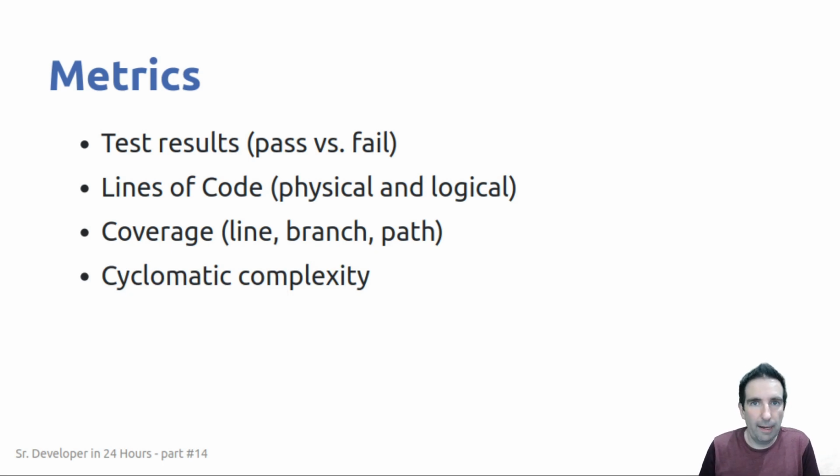Cyclomatic complexity: how complex is each of the methods that we have? Duplicated lines: some of the tools are going to detect blocks of code that are duplicated within our code base.